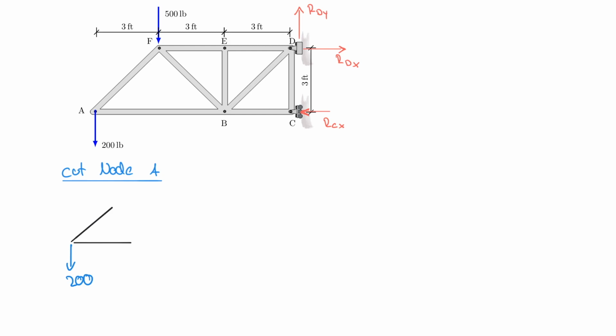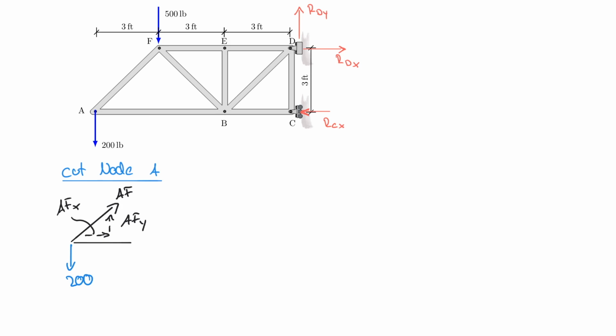But remember that I assume this being in tension. But before I assume the other one to be in tension, I will actually solve this first. So I have not RAY, I have AF, AFY, and AFX.